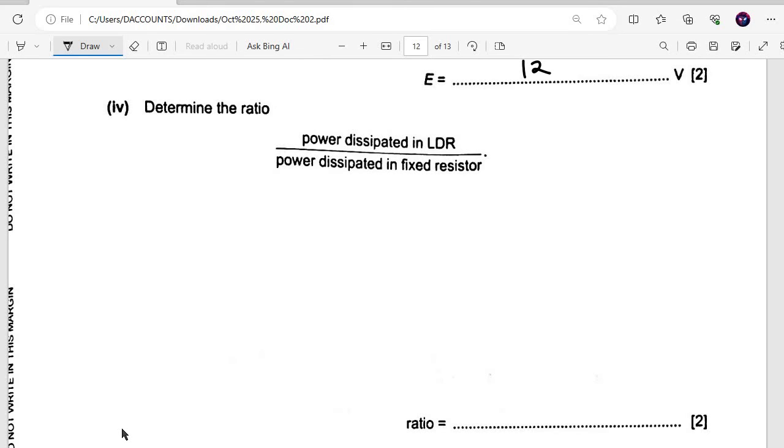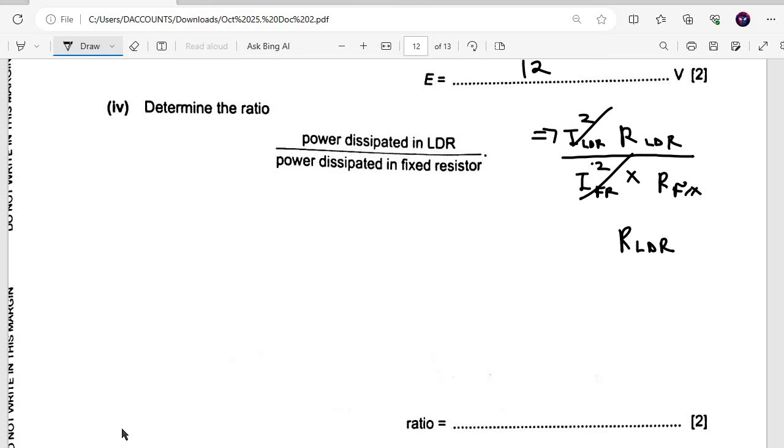Determine the ratio of power dissipated. Power dissipated in the LDR is the current in the LDR squared multiplied by the resistance of the LDR. Power dissipated in the fixed resistor is the current in the fixed resistor squared multiplied by the fixed resistor. The currents are the same, so they cancel out.